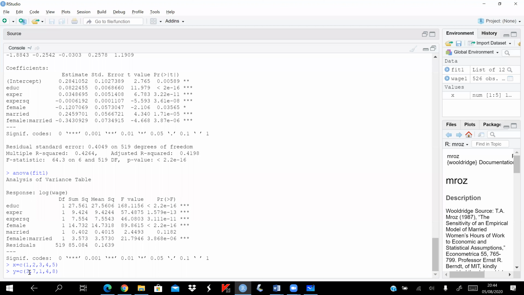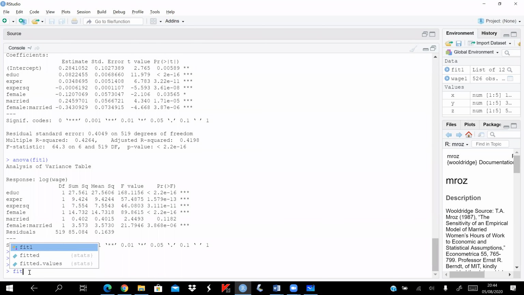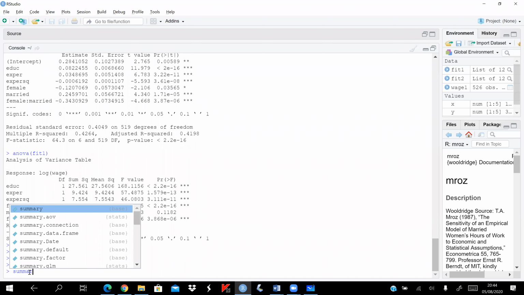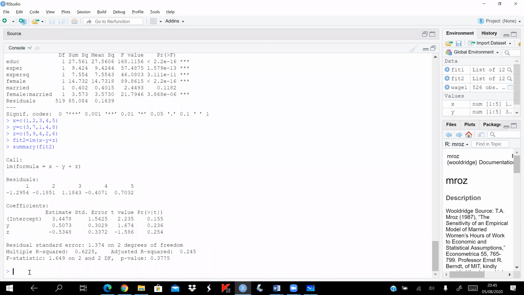Hope that is correct. And then my variable z has the values 5, 9, 4, 2, and 6. Then I can do this. Press X1, Y, and Z. That should be it.